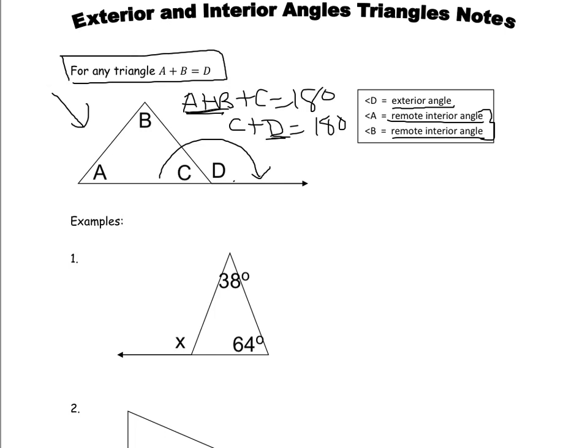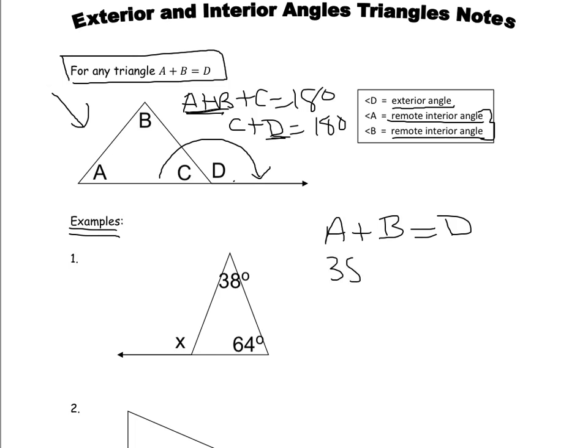So then what's nice is if you know those remote interior angles, like in example 1, we know the two remote interiors, so we can figure out that exterior angle. The sum of the two remote interior angles will equal the exterior angle. So that's pretty easy.